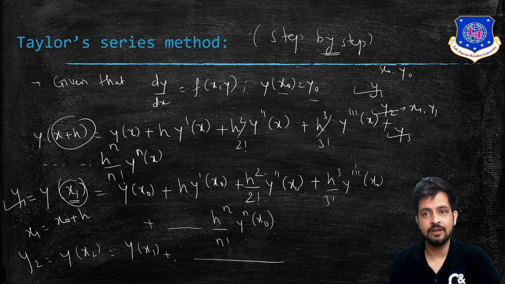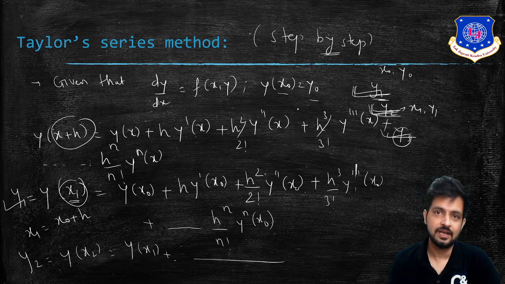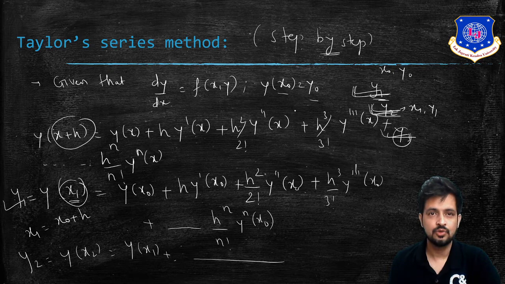If I want to find y3 directly from y1, it is not possible. So to find y3 we have to go in a sequence and follow the steps. All the methods in this chapter that we are going to study are step-by-step methods: the Taylor series method, Euler's method, and Runge-Kutta methods.